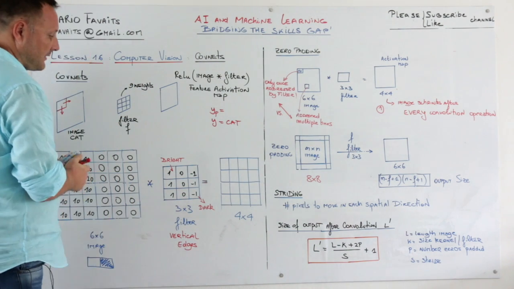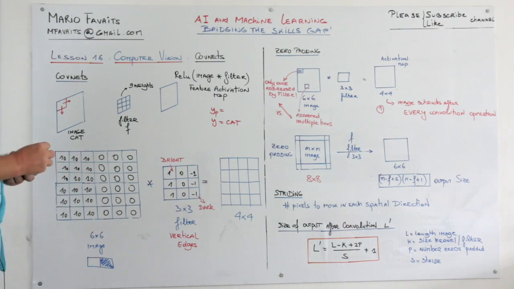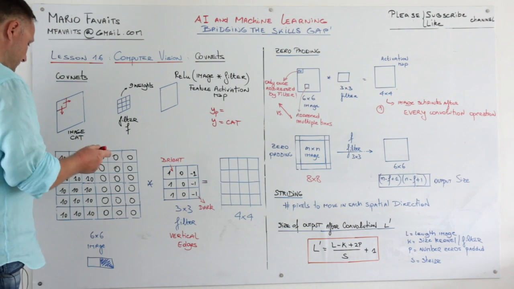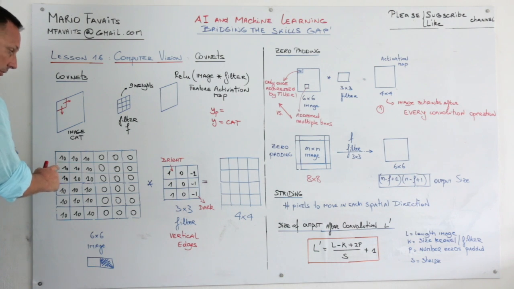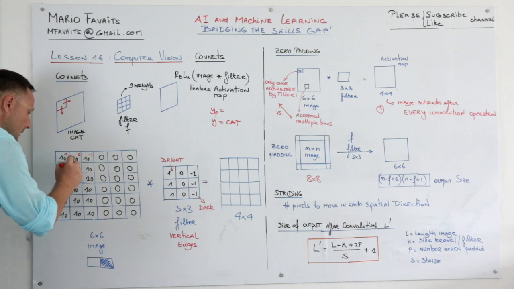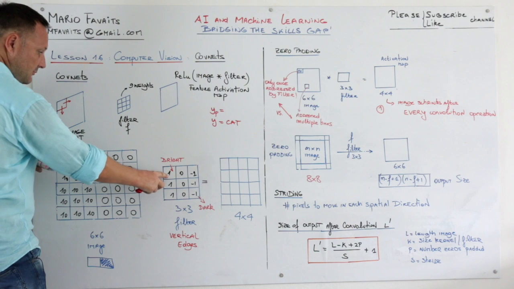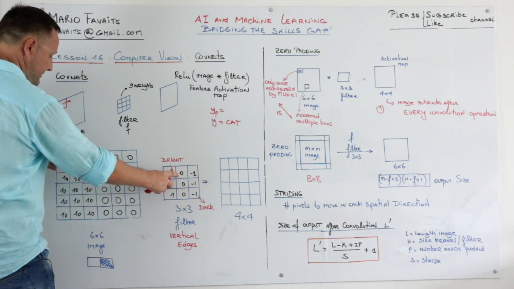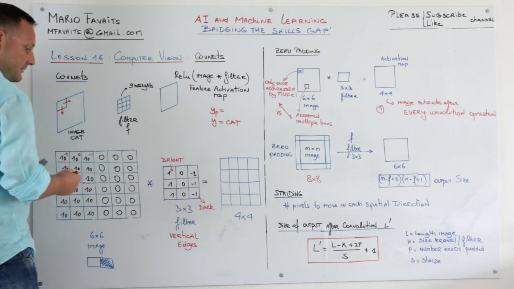Here again 1 is brighter, 0 is medium, and -1 is dark. So now we're going to convolve these two. How does it work? Well, the first thing I do is place this filter in the top left corner. So here I will see 1, 0, -1, 1, 0, -1, 1, 0, -1. If I do 10 times 1 is 10, plus 10 times 0 is 0, plus 10 times -1 is minus 10. 10 minus 10 is 0.